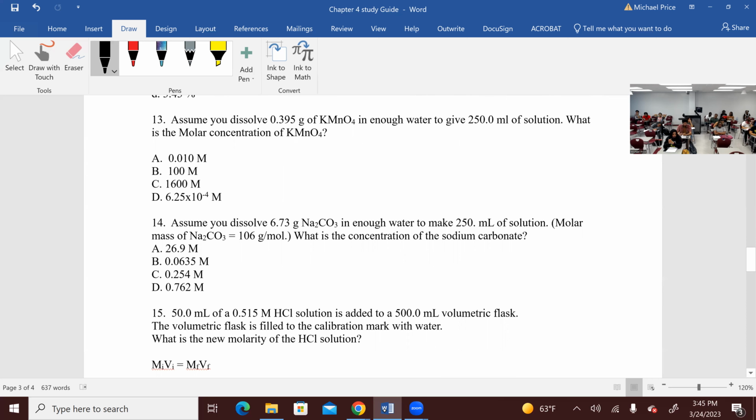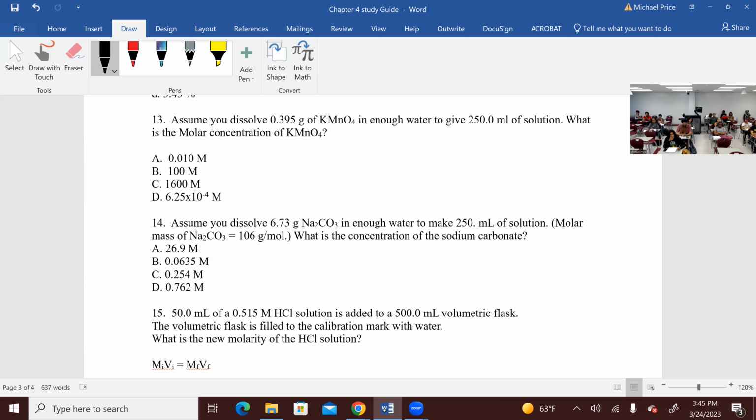Number 13: assume you dissolve 0.395 grams of potassium permanganate in enough water to give a solution of 250 milliliters. What is the molar concentration of potassium permanganate? Remember, we're talking about molarity. Molarity has units of moles of solute per liter of the entire solution, and the entire solution has a volume of 250 milliliters.